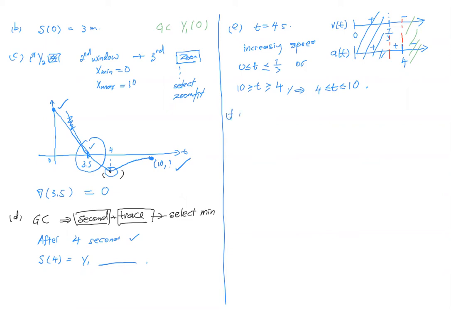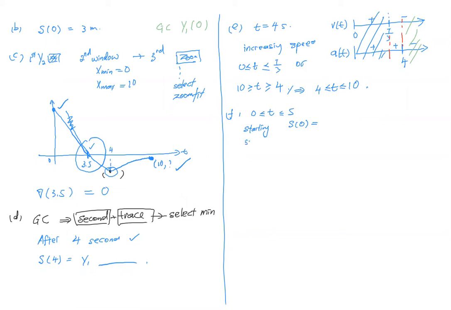Find the total distance traveled by the object in the first 5 seconds. First 5 seconds from 0 to 5. So I told you already, total distance, correct? What you need to have 3 important points. Starting point, that means you look for S0.